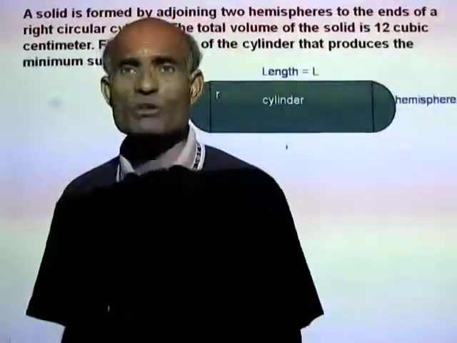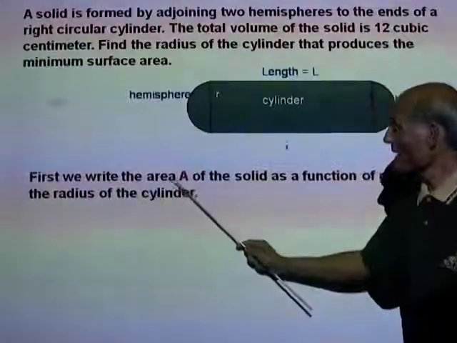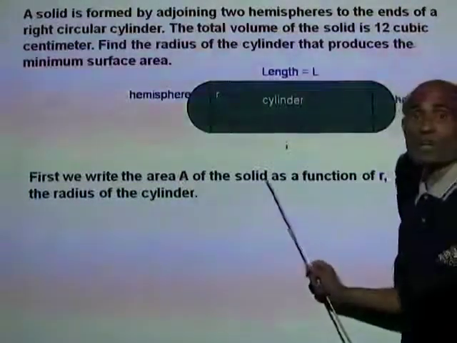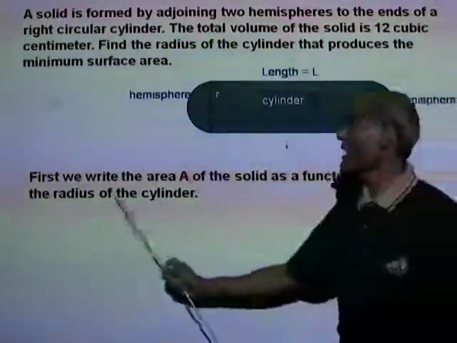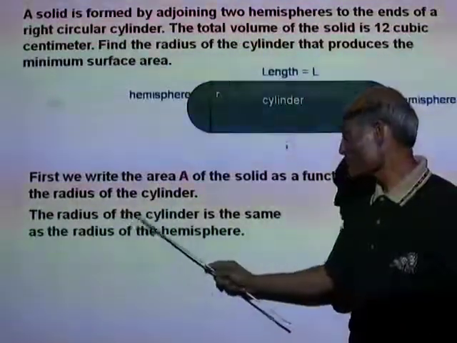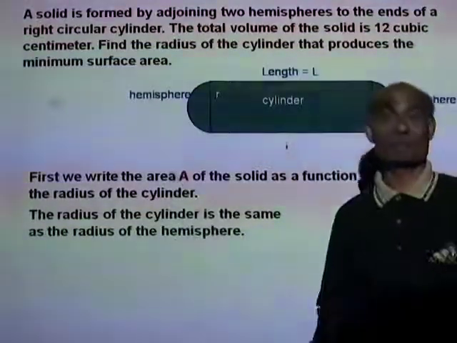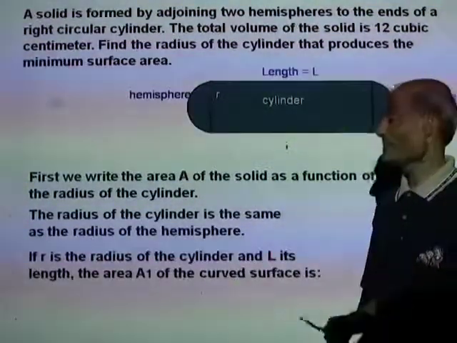All right, let's put it all in writing now. So first we write the area A of the solid as a function of r, the radius of the cylinder. The radius of the cylinder is the same as the radius of the hemisphere, which we already said.